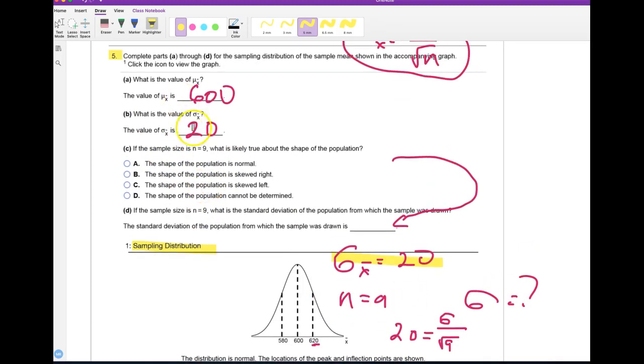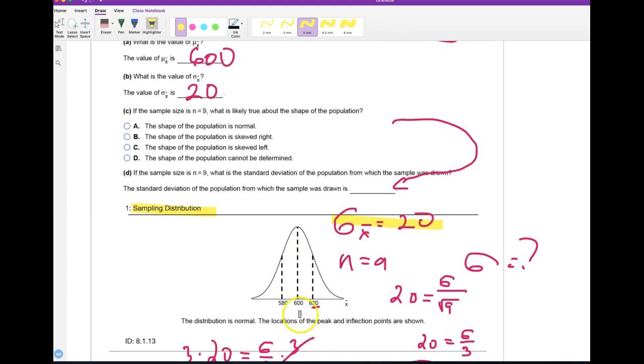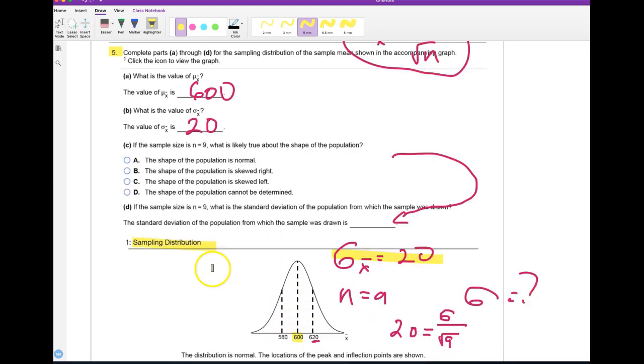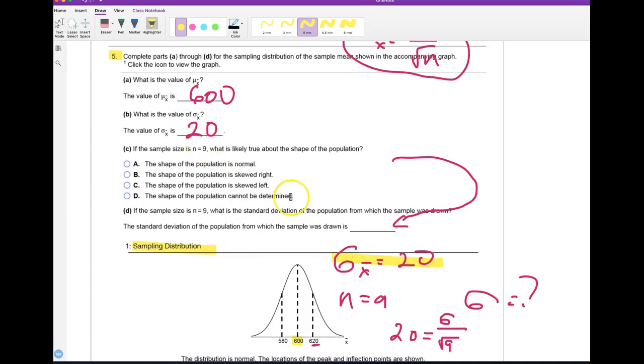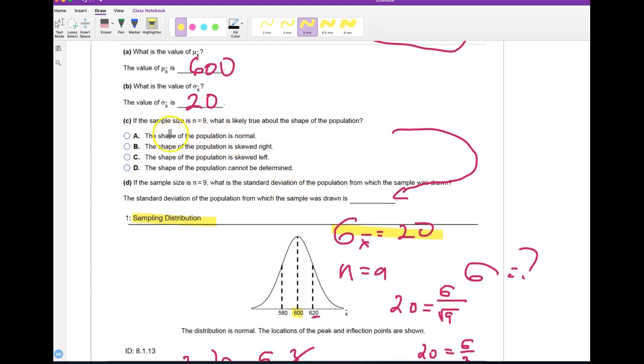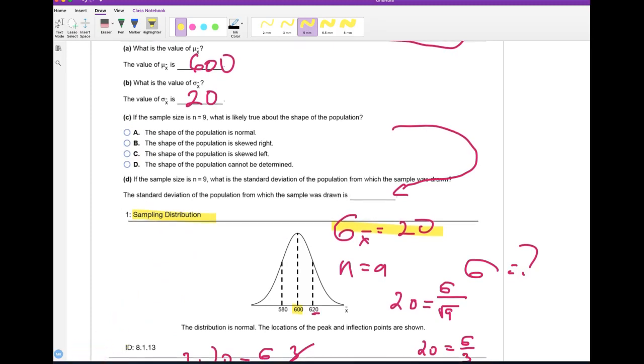And the mean of the samples is 600, because the samples will always be very close to the population mean. And so those are our answers. There's 620 for that. And then if the sample size is 9, what is likely true about the shape of the population? So we can answer that question.